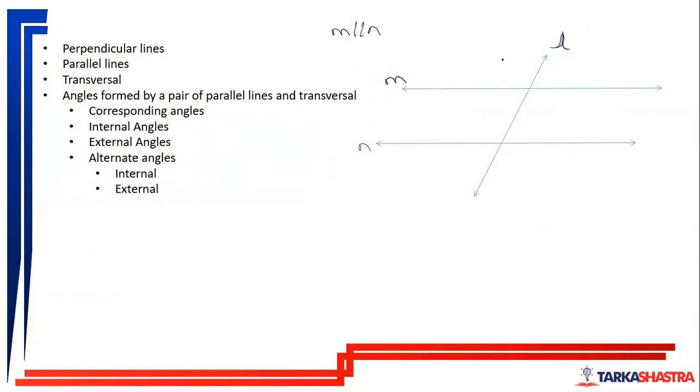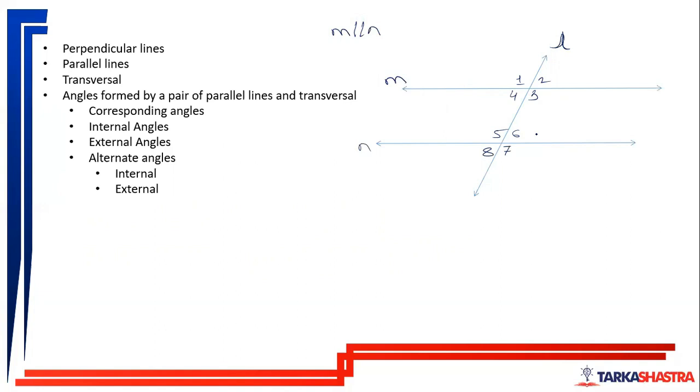So the angles formed by a pair of parallel lines and a transversal are 8 angles: angle 1, 2, 3, 4, 5, 6, 7 and 8. तो इन सब एंगल्स के अपने अपने नाम होते हैं. कोई भी दो एंगल उठा के देखो, उनका पेयर बनेगा और उनकी भी अपनी पहचान होगी.